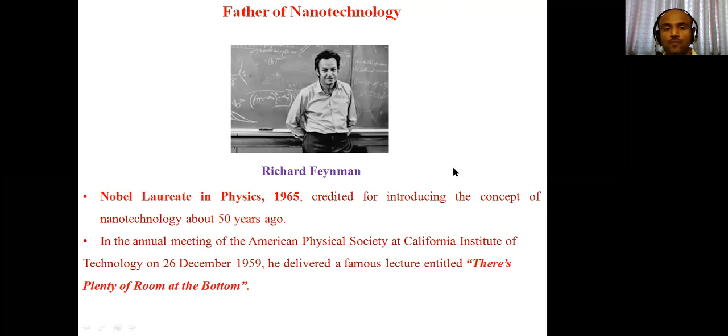Now, this slide is dedicated to the scientist Richard Feynman. He is also known as the father of nanotechnology. He is a Nobel laureate in physics, received the Nobel Prize in 1965. He introduced the concept of nanotechnology around 50 years ago.